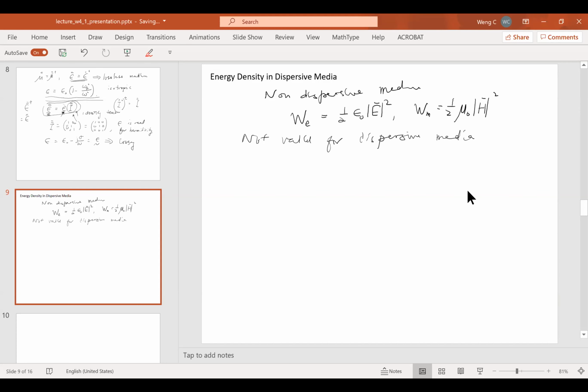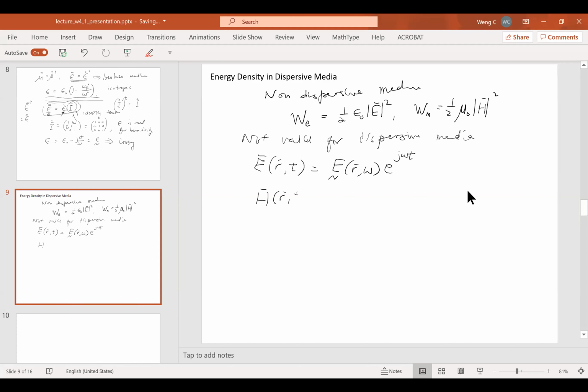So the derivation is kind of long, but it's written out very carefully in the lecture note, okay? What we do here is to assume that the field is almost time harmonic, is given by a complex number times e to the j omega t. So if you take the real part of this, you will get almost a time harmonic field.